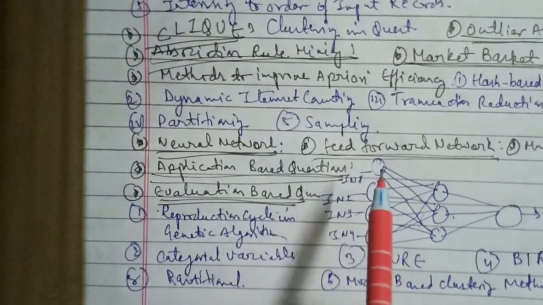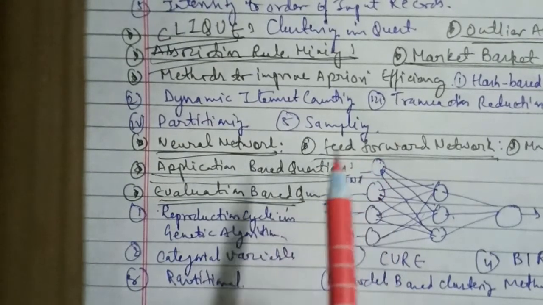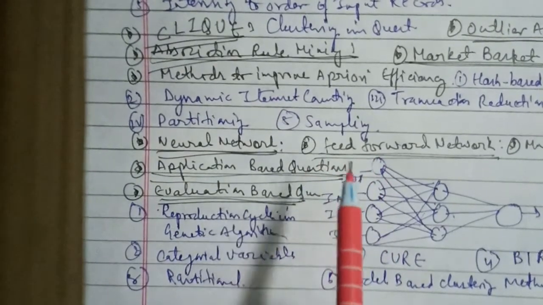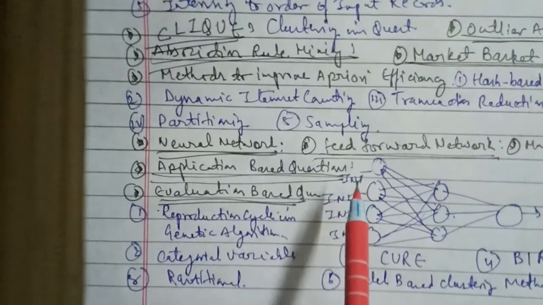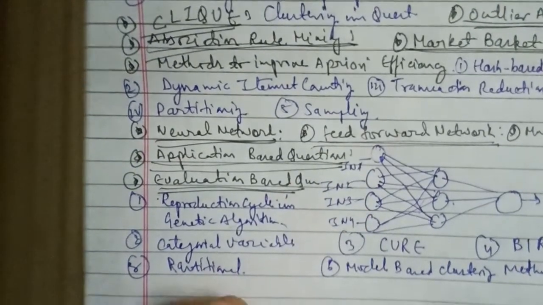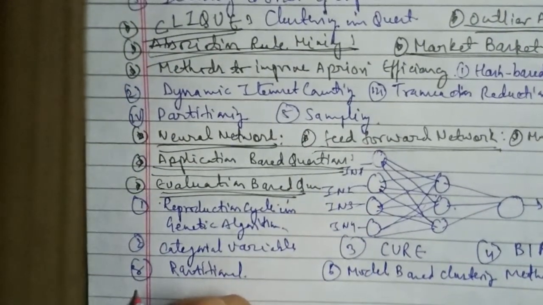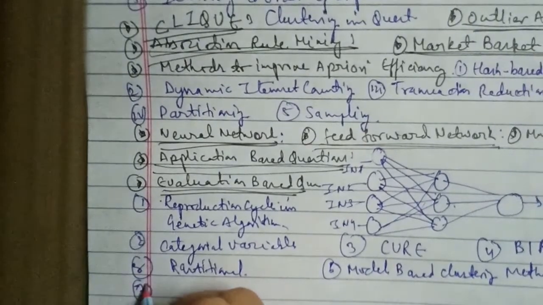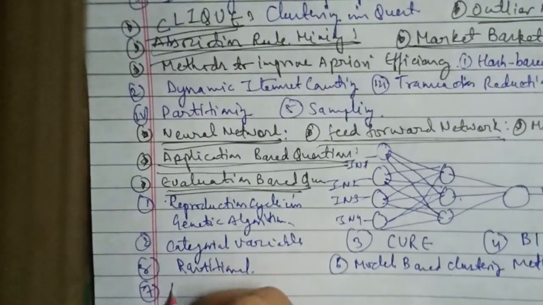Then combine the two nearest clusters into a larger cluster, and continue until only one cluster remains. So the answer here is agglomerative clustering.